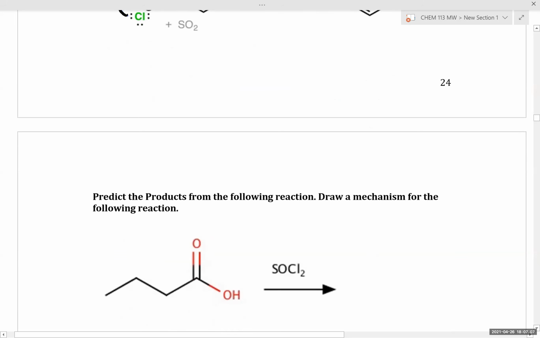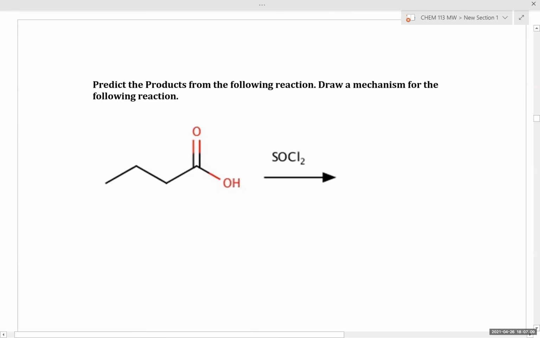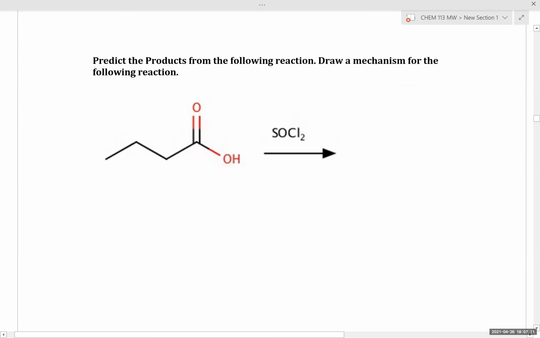Okay, so let's try to apply what we've learned here, and let's try to predict the products from the following reaction and draw a mechanism for it. In this case, we have a carboxylic acid, butanoic acid, and we're treating it with thionyl chloride.